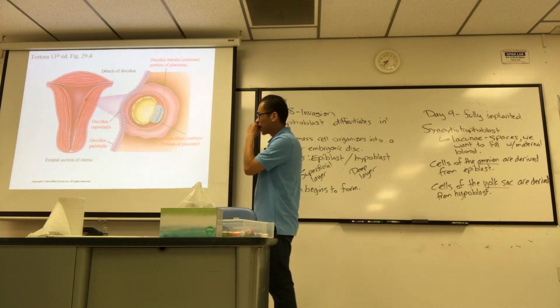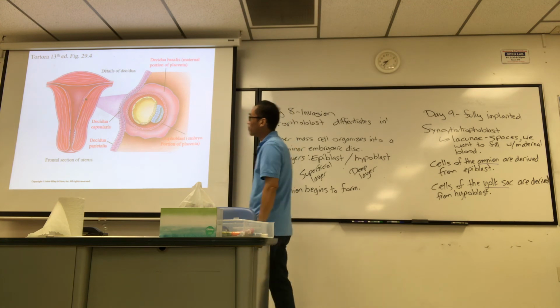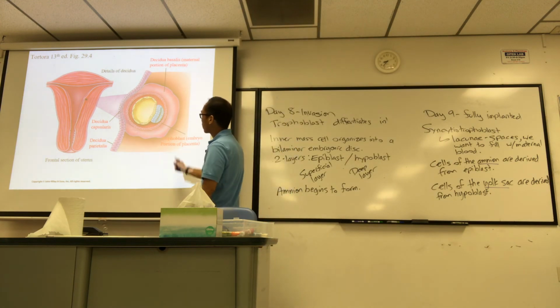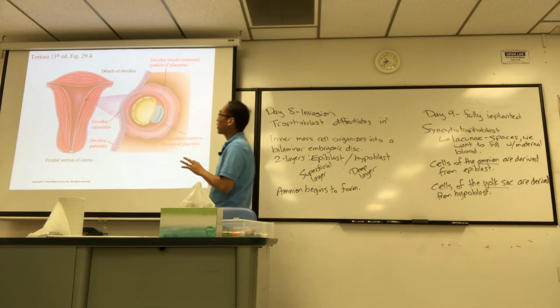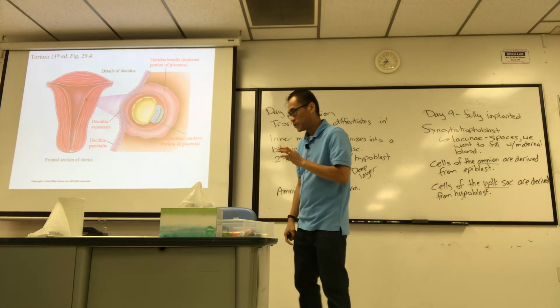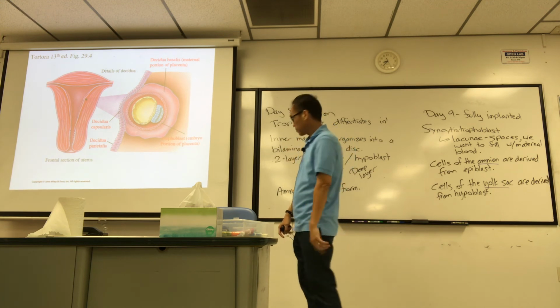So I inserted this slide to remind me. At this point of development, I like how they illustrate it like two balloons, being the amnion and yolk sac. We're all in. And now you refer to the endometrium as the decidua.